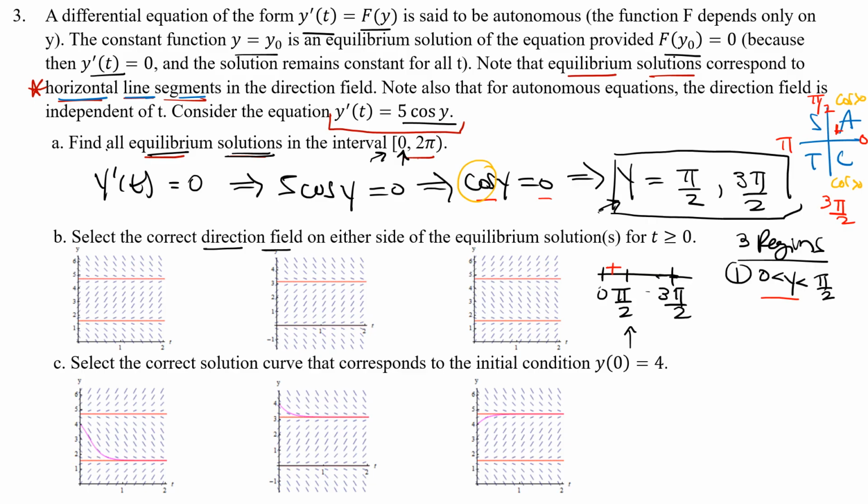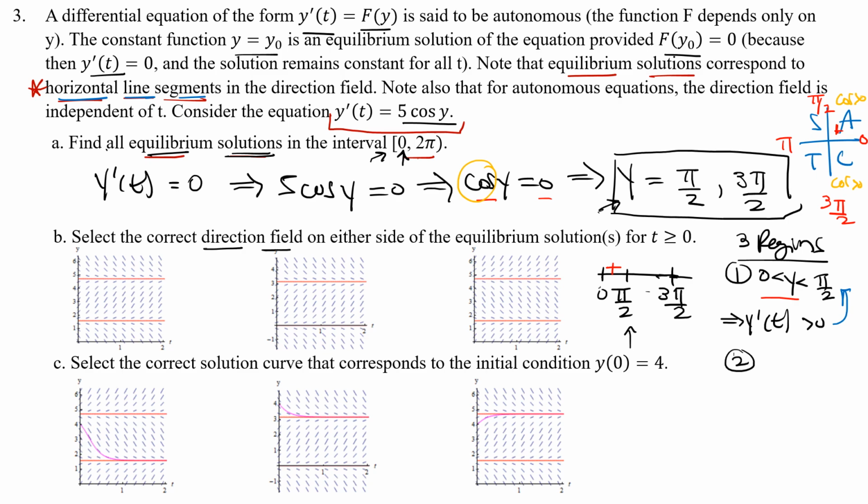So that means our derivative function is going to be positive in this first region. We're going to see how that helps us in a bit when we get ready to pick our graph. All right, well, let's take a look at the second region.